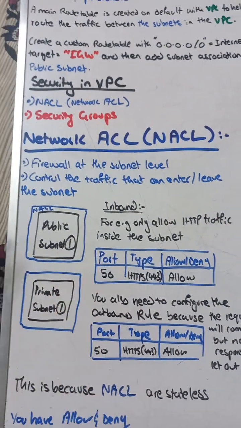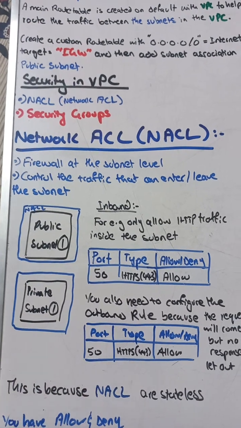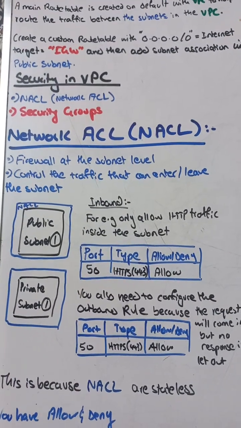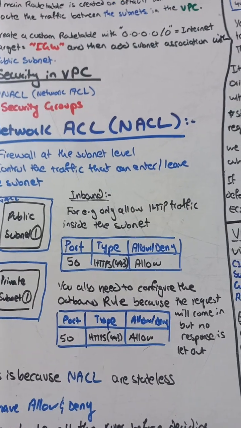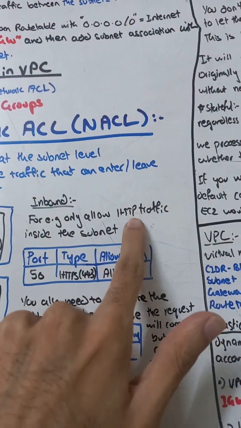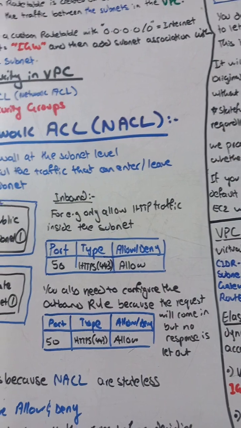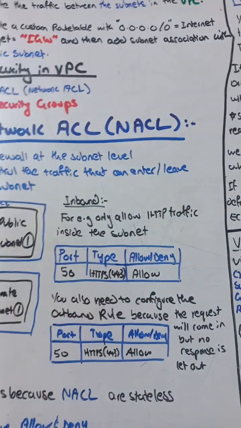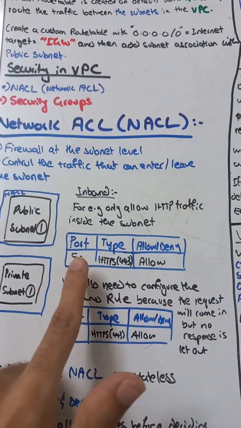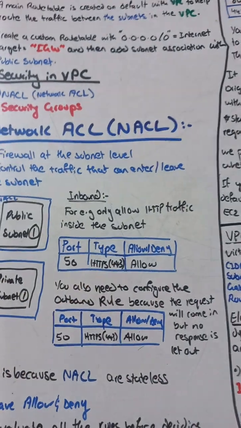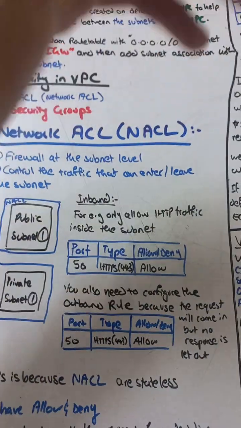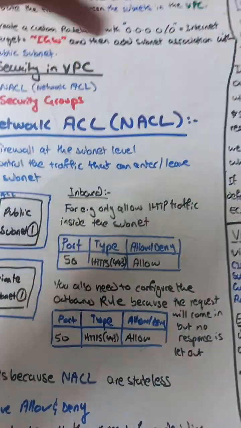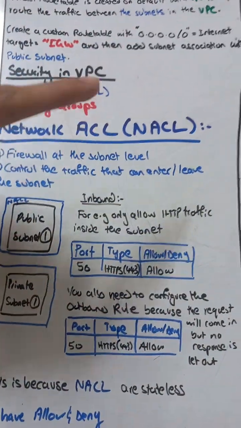Whenever you are configuring your network ACL for a subnet, you also have to define the inbound and outbound rules. So for example, if you only want HTTPS traffic to flow inside the subnet, then you're going to say the type is going to be HTTPS with its port, and you're going to allow this connection to let the sources or resources enter into this subnet.